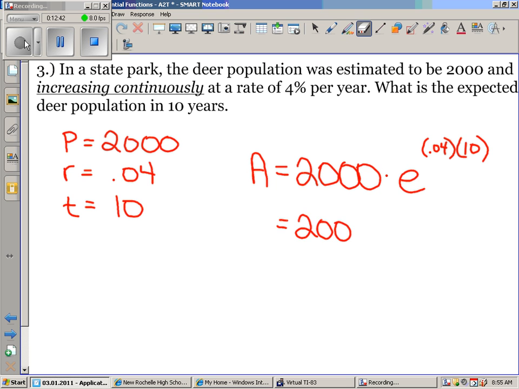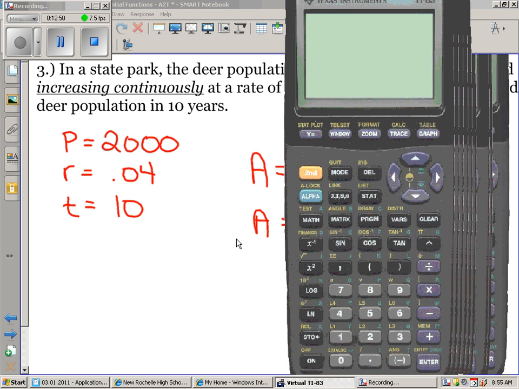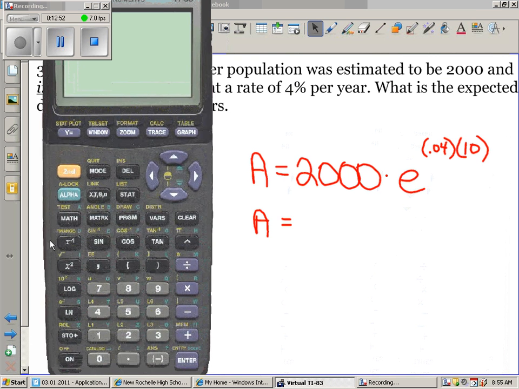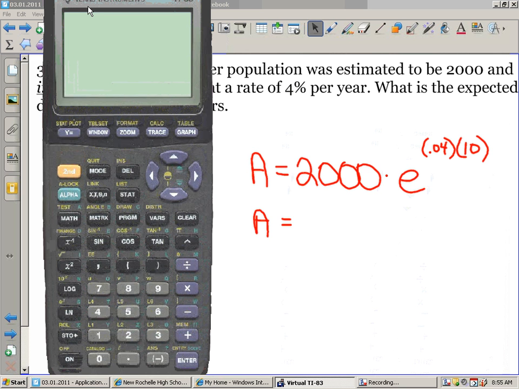We could probably just plug that into our calculator instead of making it more difficult to write out. Let's do it. Let's do 2,000 times second ln e raised to the 0.04 times 10.